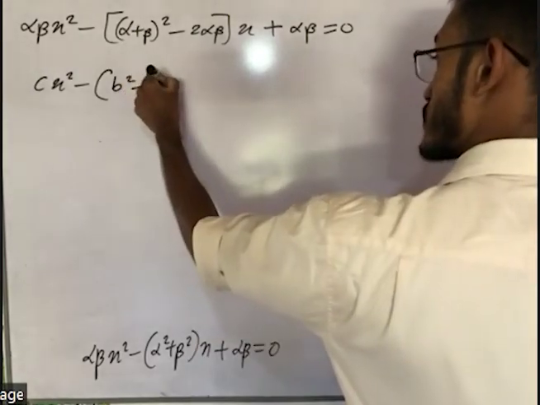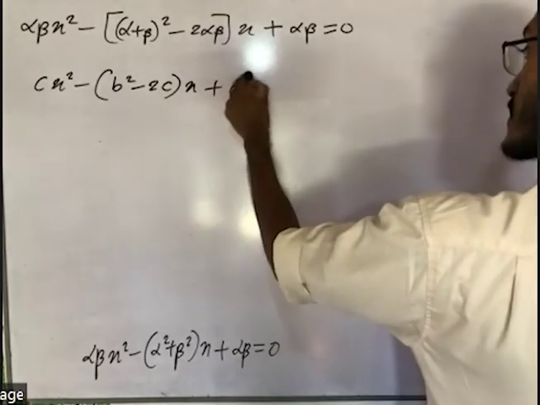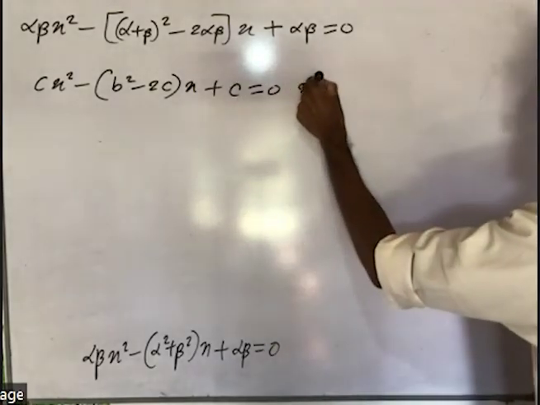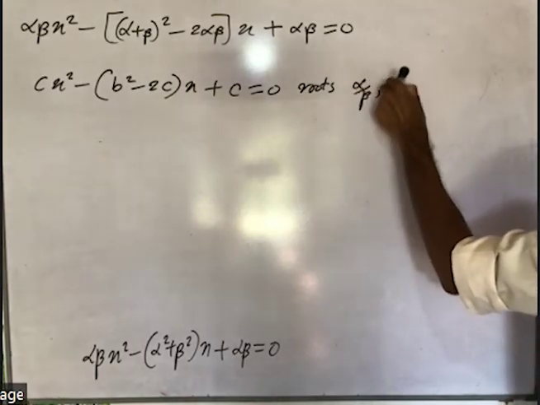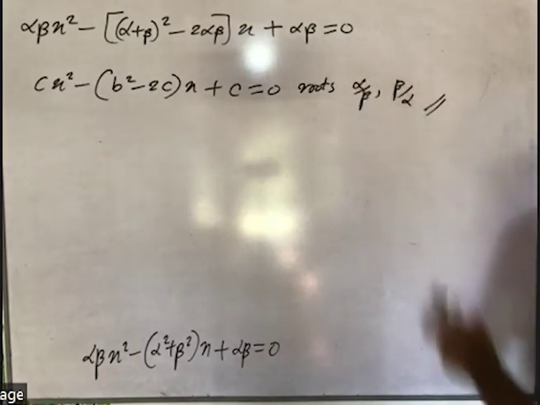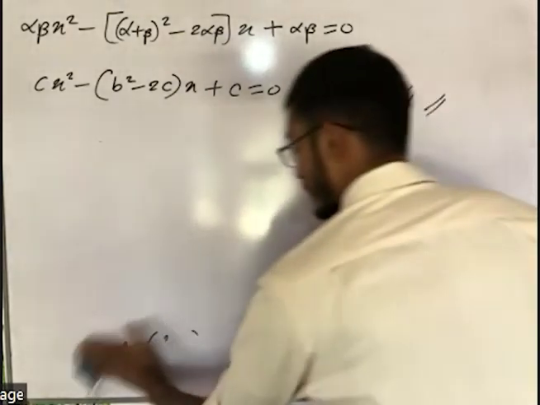So cx square minus b square minus 2cx plus c equal to 0. Here roots are alpha over beta, comma beta over alpha. So this is the first part. That is the first part.